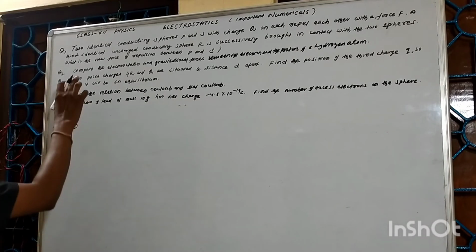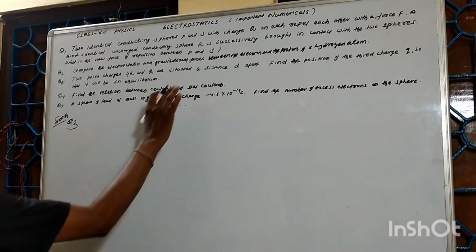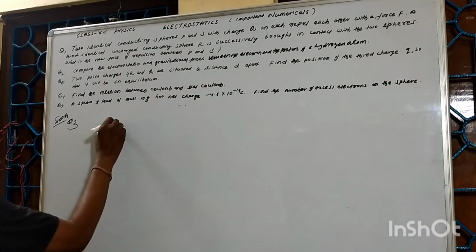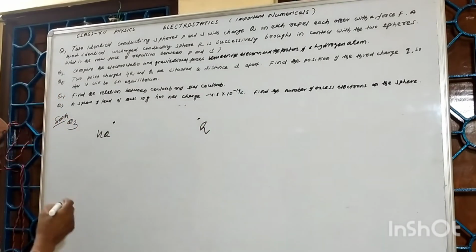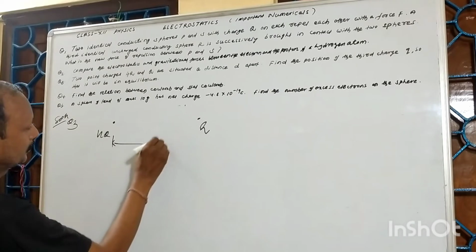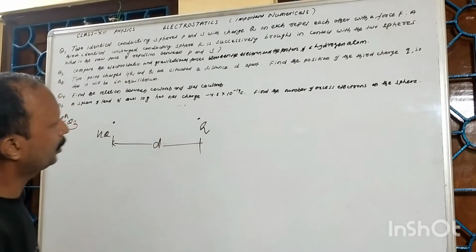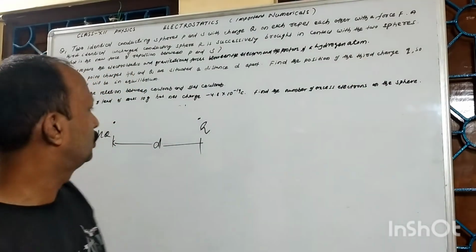So 2 point charges 4q and q are situated a distance d apart. The distance between them is given as d. Okay. Find the position of the third charge q.